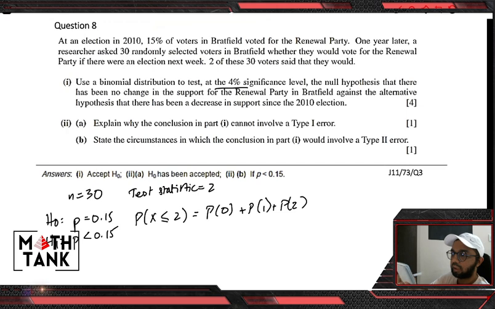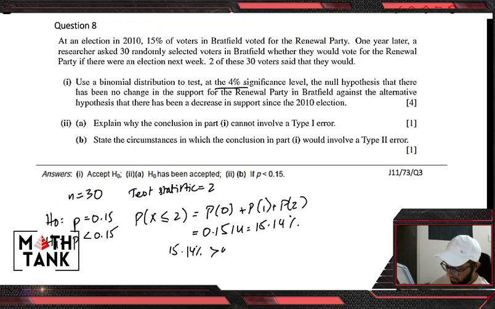Let's quickly do that. A relatively simple question. n is 30 and p is 0.15. 0.1514, that's 15.14%. That is way more than the 4% significance.